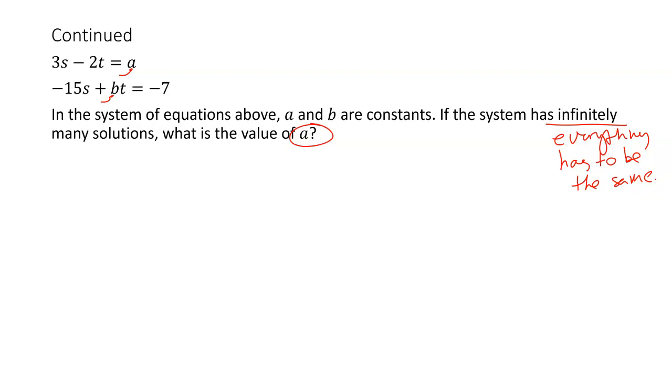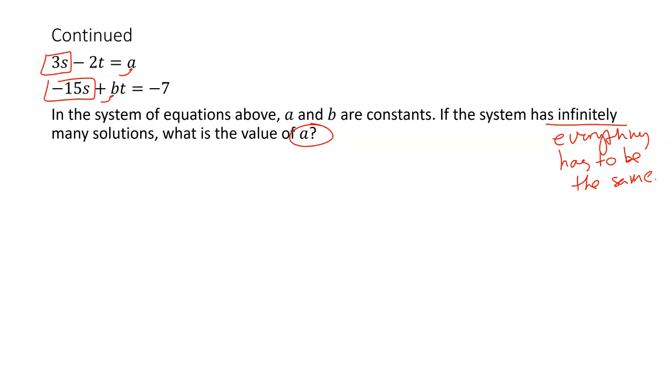Now, when we look here, we need to look at a term that we can manipulate within both of these. We're going to use 3s and negative 15s as kind of our anchor. If we can manipulate our equations so that those are the same, then we can compare the constants to figure out what adjustment we need to make for A. Okay?